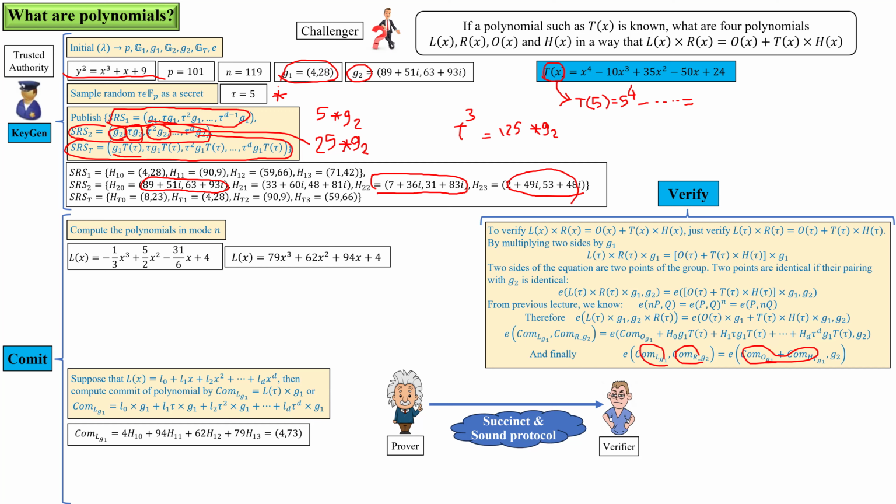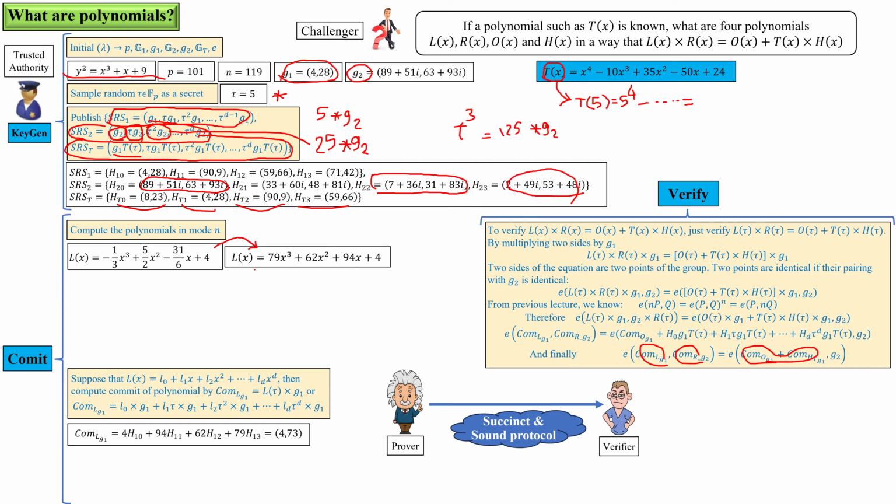The prover will follow the same computation and use our tools on the website to compute this value, and the value would be this one, this one, and this. You can check using our website to ensure that these values are correct. We already discussed how the prover computes the polynomial L of x in mod n, which is 119.